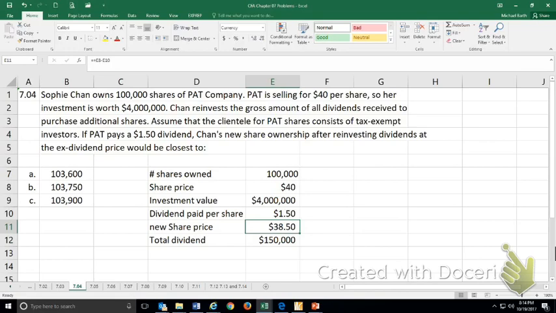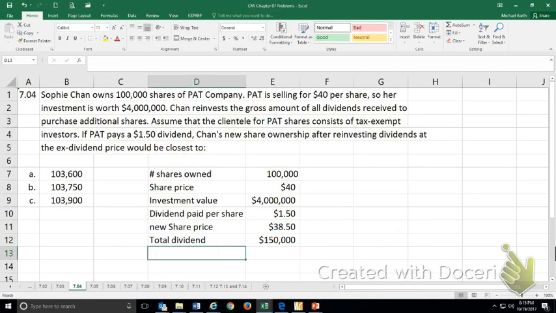Now notice she still owns 100,000 shares worth $38.50. That's $38,500 worth of stock, or $385,000. I'm sorry, $3,850,000. Trying to do math in my head.